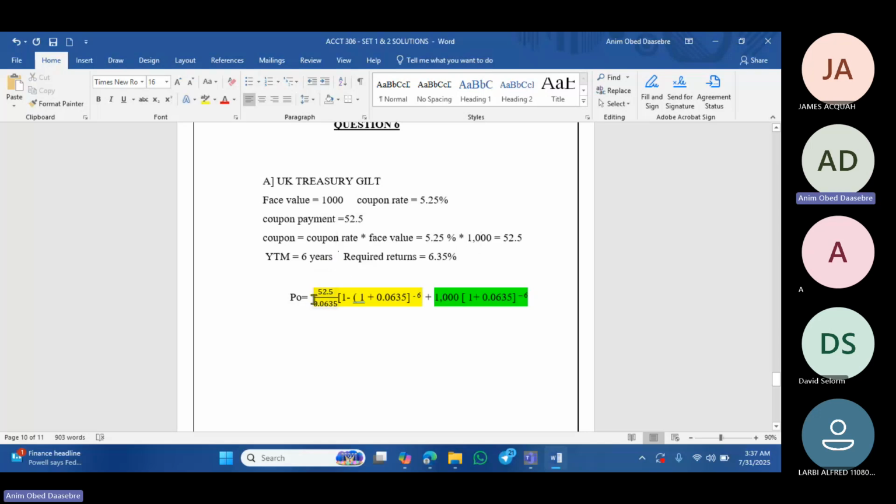We have different ways of using the annuity, but this one is the formula that I choose to use because I have a limited formula.